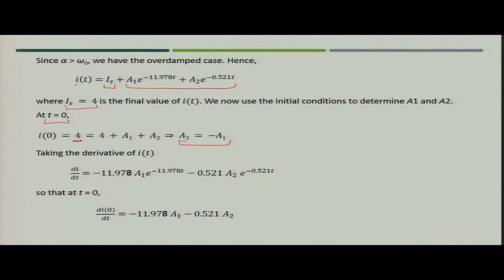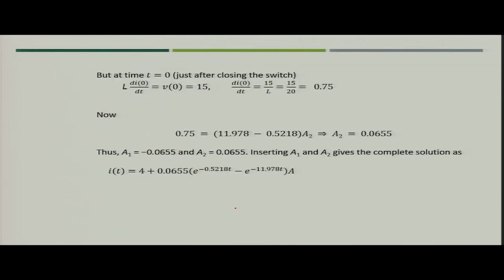Now, if you take the derivative of the above equation, di by dt, you will get this expression. At time t equal to 0, di(0) by dt is nothing but minus 11.978 A1 minus 0.521 A2. Now, you know that the voltage across the capacitor cannot change abruptly, so it will remain 15 volt, and since the capacitor is in parallel with the inductor, the same voltage will be applied across the inductor also.